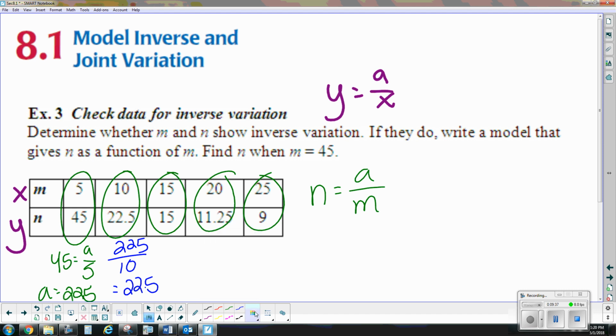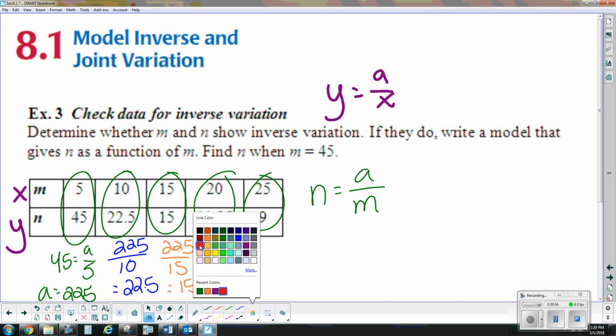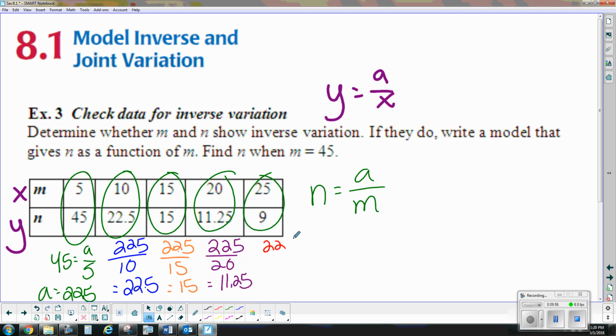And is 225 divided by 15 equal to 15? And is 225 divided by 20 equal to 11.25? And then lastly, is 225 divided by 25 equal to 9?